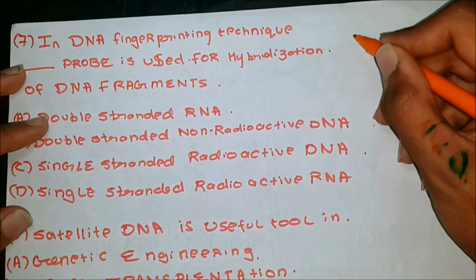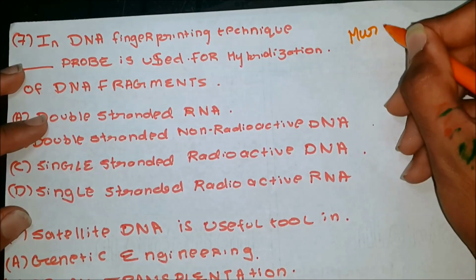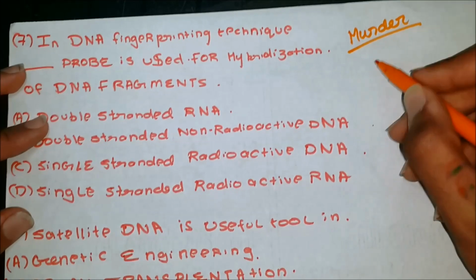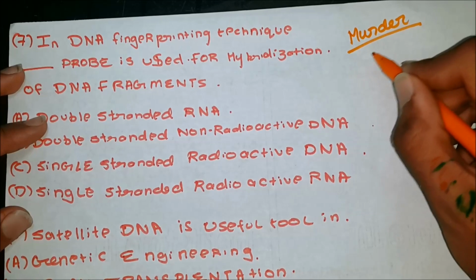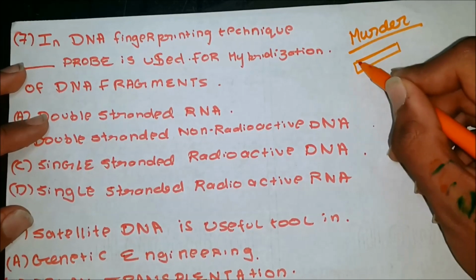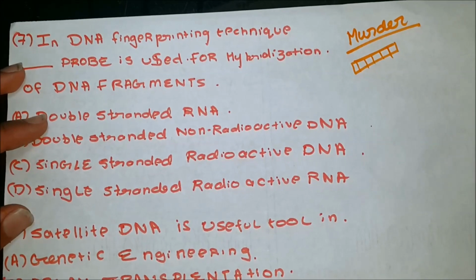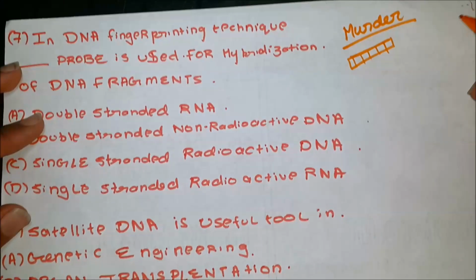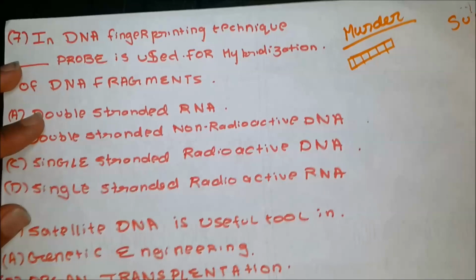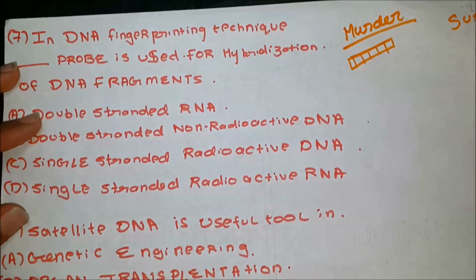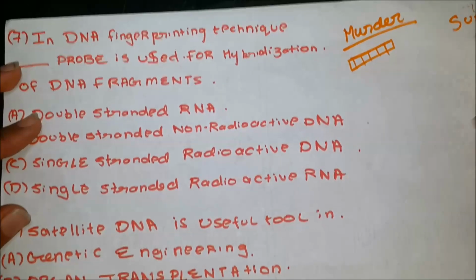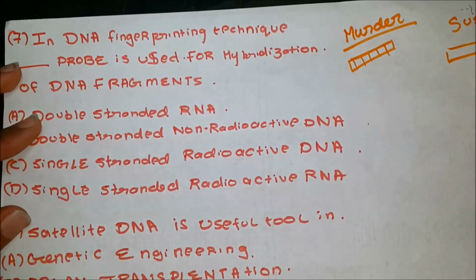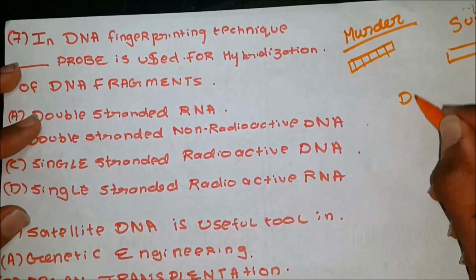Say for example, at a murder, we get some DNA sample, and our suspects, we collect the DNA from them via DNA isolation.